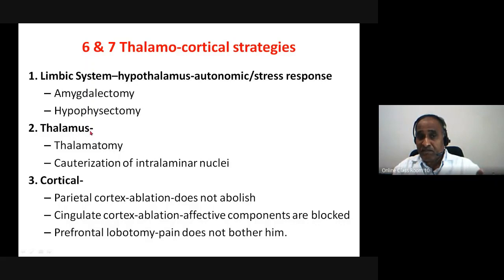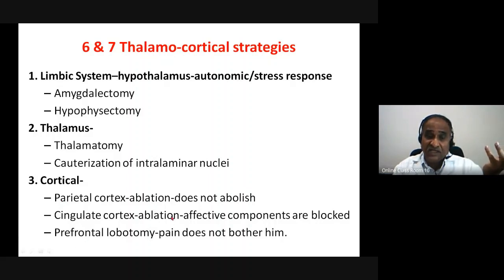Some pain remains, and this thalamic pain is an emotional pain. It is associated with the anterior cingulate cortex, the prefrontal cortex and the insular cortex. For that reason, it will not abolish the autonomic effects of the pain or the emotional or affective components of the pain. So that means it's not a good idea.